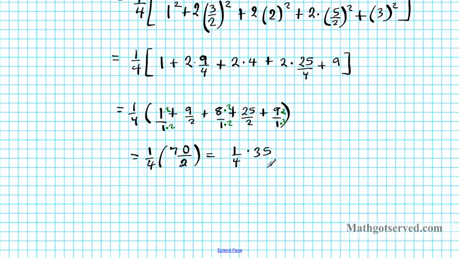Okay? Alright, so if you multiply this out, this is going to be 35 over 4, which you can write as 8 3/4 or 8.75. Okay, so this is your trapezoidal approximation using four subintervals. Okay, so there you have it.